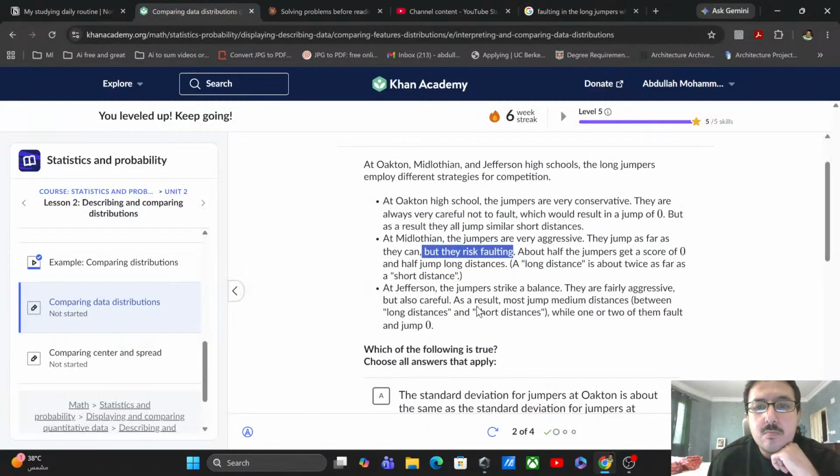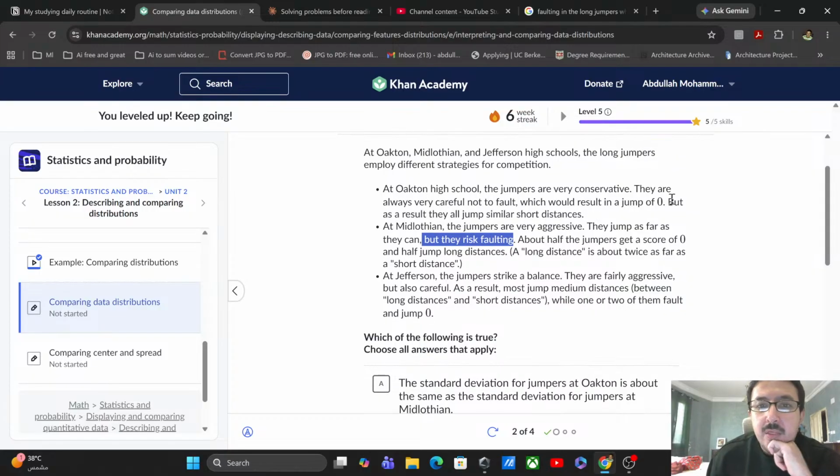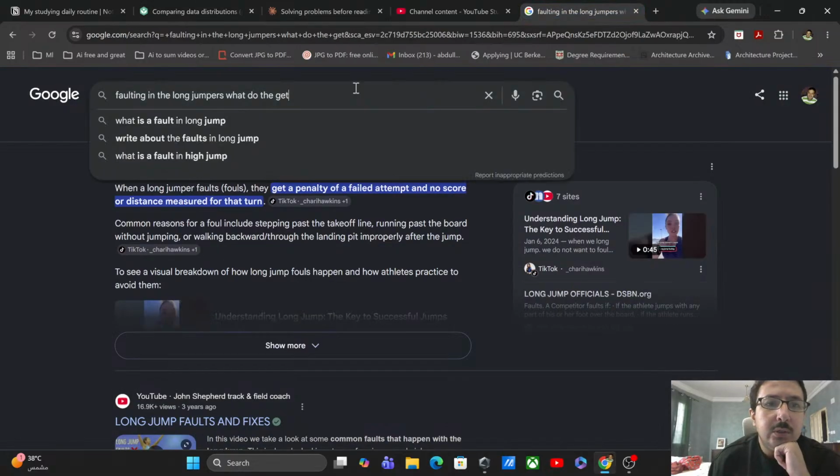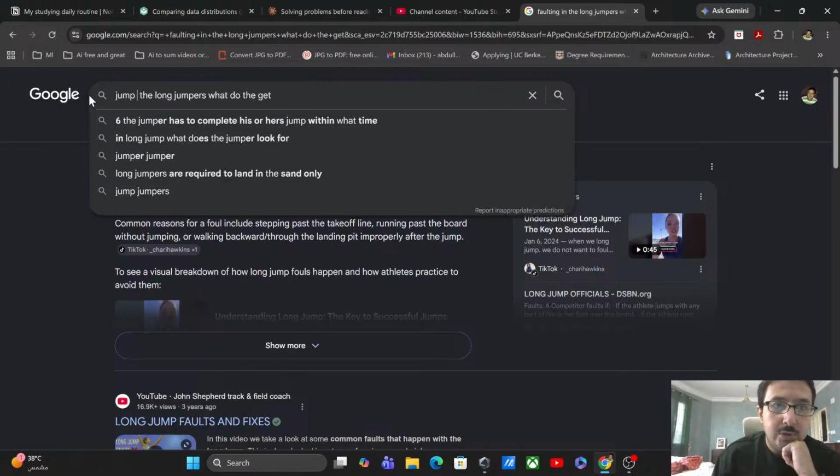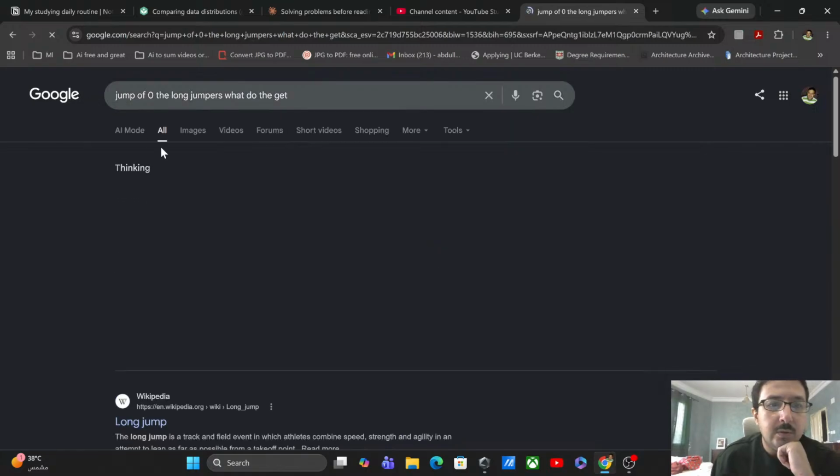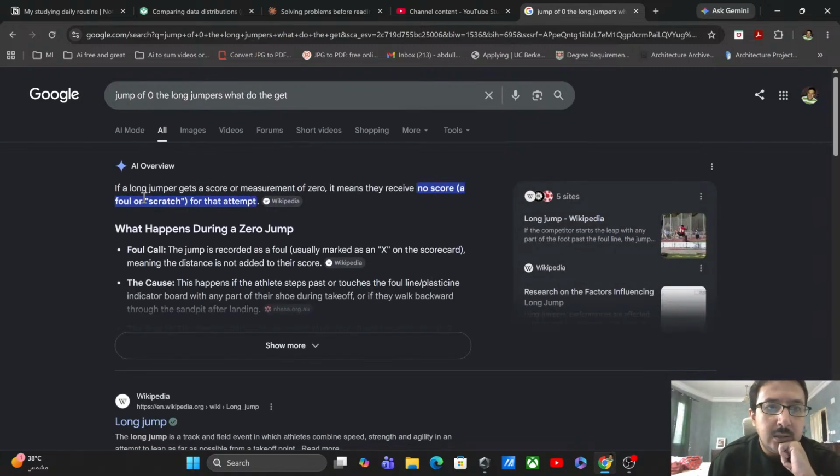So they always care about that, which could result in a jump of zero. What's a jump of zero? Long jumpers get a minimum score.